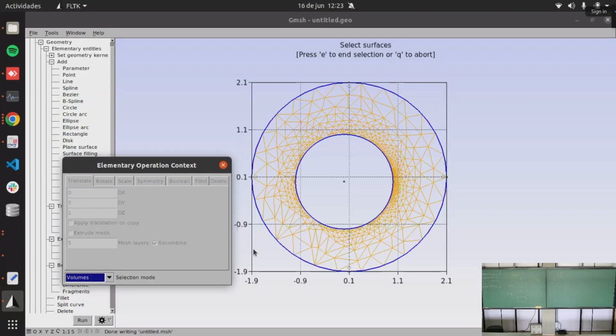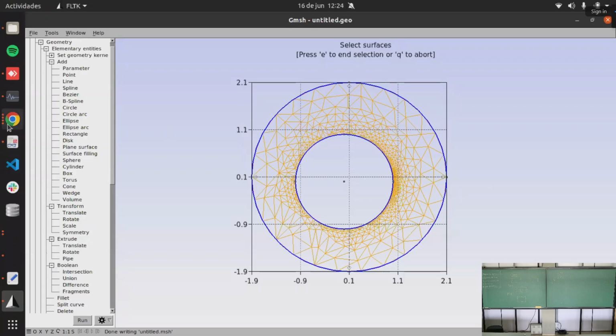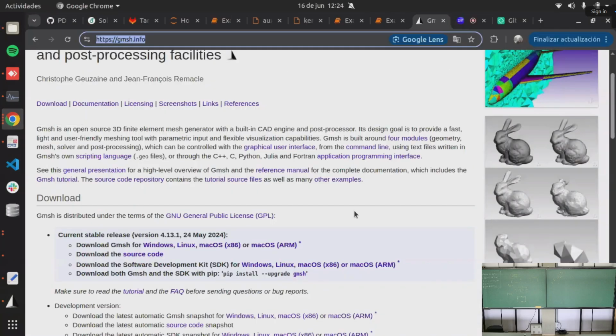Maybe I can use it now for the structure of the mesh. I don't know, I didn't use it before, but it's a very powerful tool, and the documentation is very good.